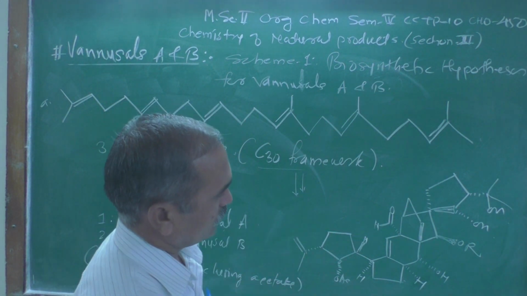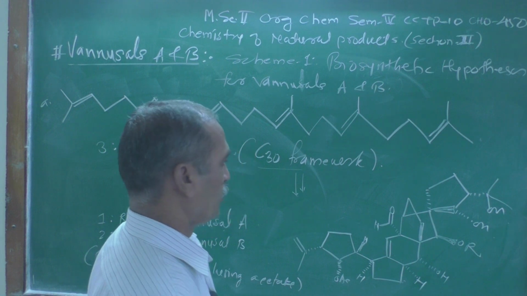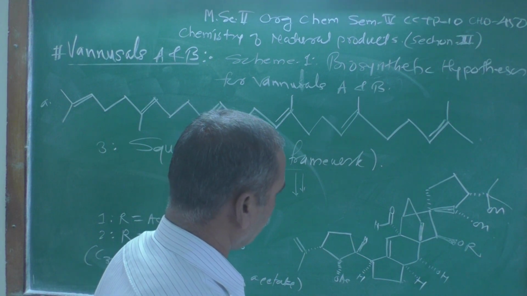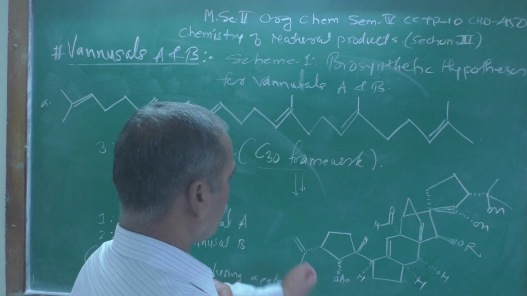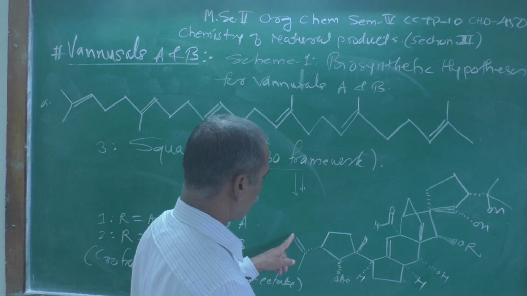Now, how do you give the numbers? How have they given the numbering to this ring? They have given the numbers starting from this side.